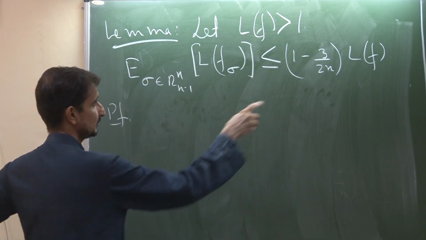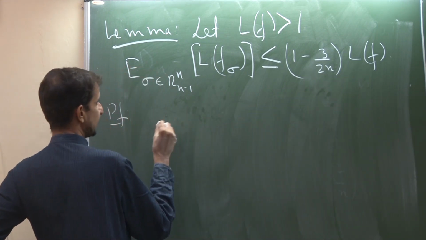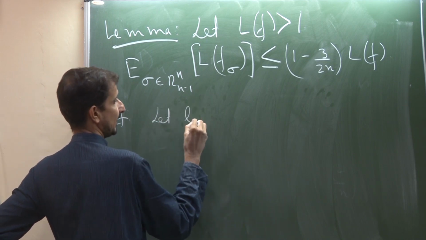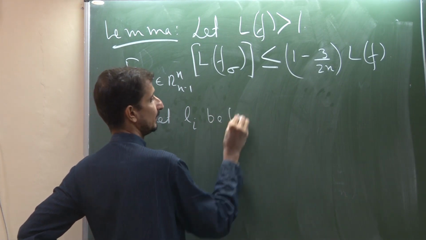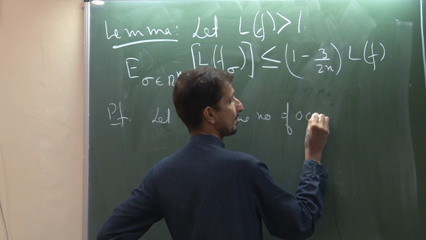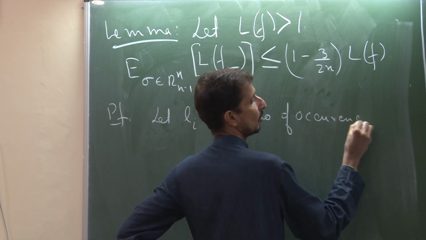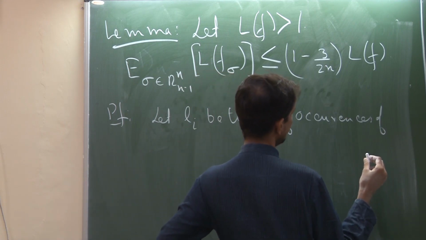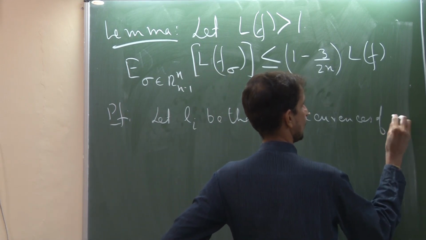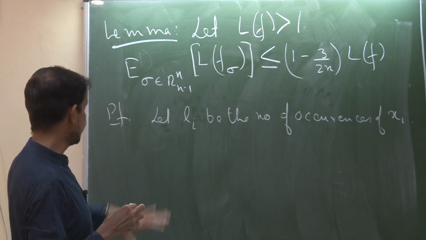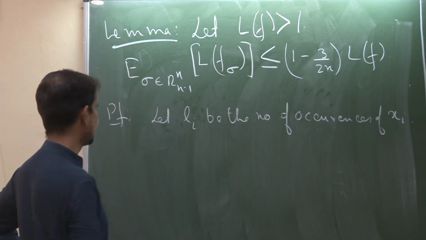So, what is L of f? L of f I can write as, let Li be the number of occurrences of xi.